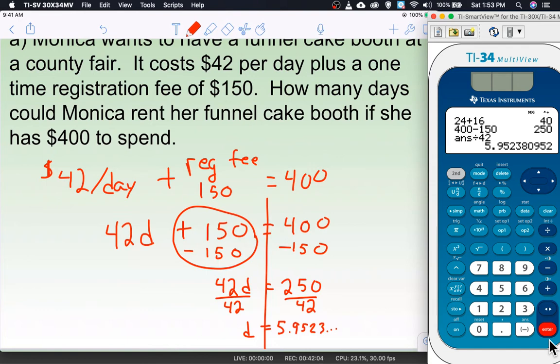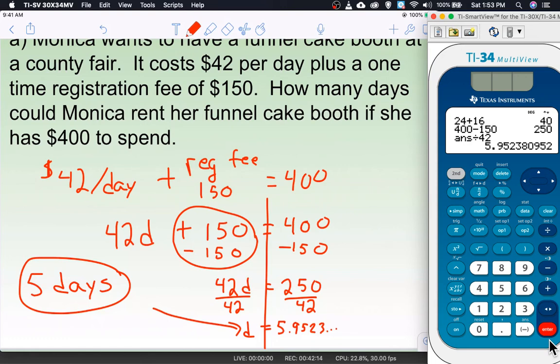So how many days could she actually rent her booth? Well, she can only rent it for 5 days. Because she doesn't quite have enough money for 6. So this would be an example where having a decimal solution just doesn't quite make sense. If you're thinking about the problem, it doesn't quite work out.